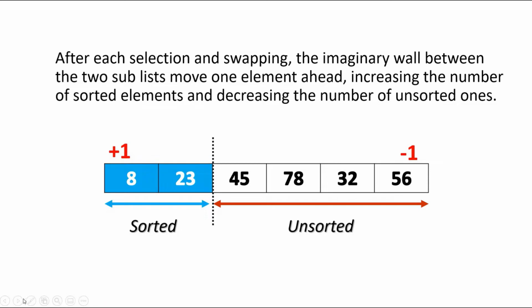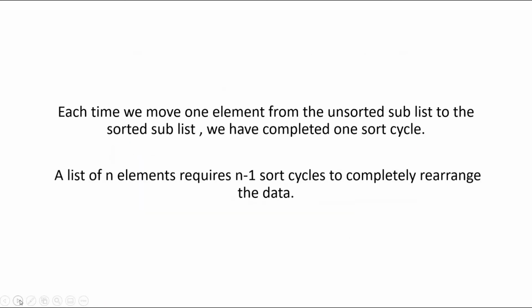They are unsorted. Each time we move one element from the unsorted sublist to the sorted sublist, we have completed one sort cycle. A list of n elements requires n minus 1 sort cycles to completely rearrange the data. That means if our list has 6 elements, we need only 5 sort cycles to completely sort the list.